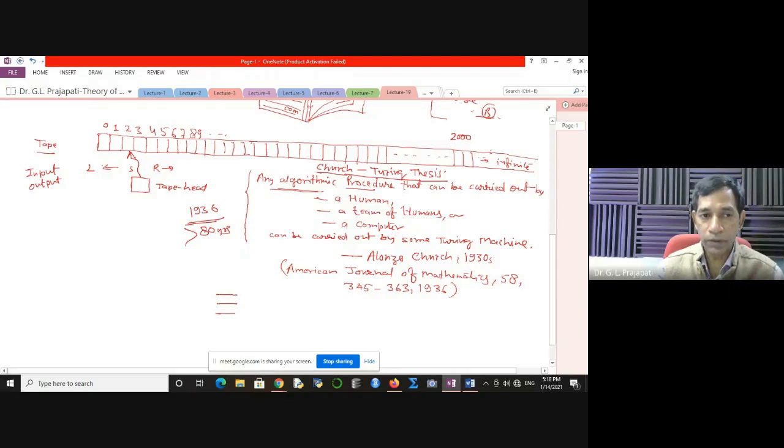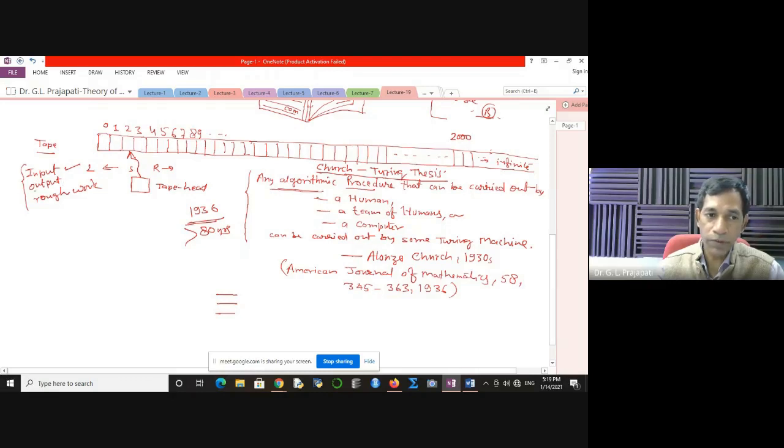During the computation, you also use the tape storage for rough work and intermediate computation. So the tape is acting for three purposes. One is the input purpose: at the beginning your input will be stored onto the tape.